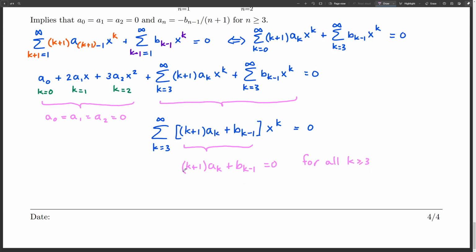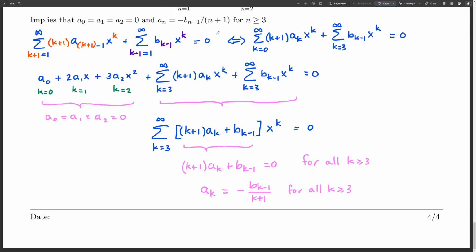And we can then solve this for a k, and we see that a sub k is equal to minus b sub k minus 1 over k plus 1 for all k greater than or equal to 3.